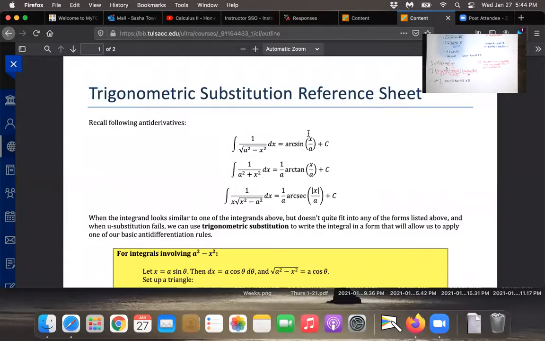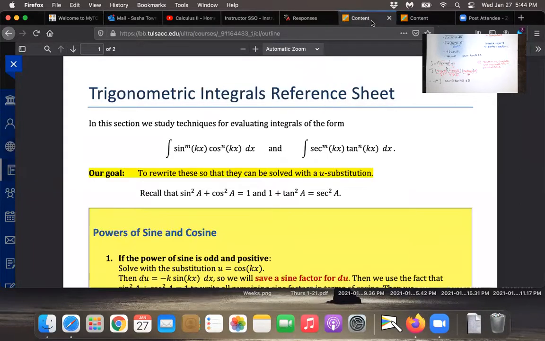So this is the trigonometric substitution reference sheet, which we're not needing to use here. But after we've started our trigonometric substitution, we've got powers of secant and tangent. So that was a trigonometric integral of this form, that second one right there.